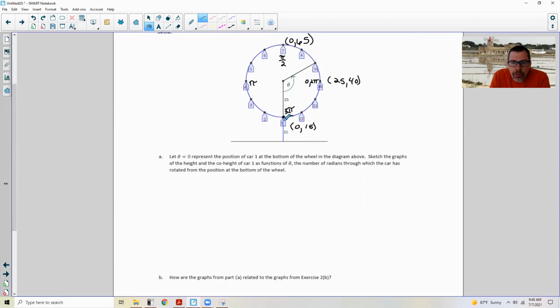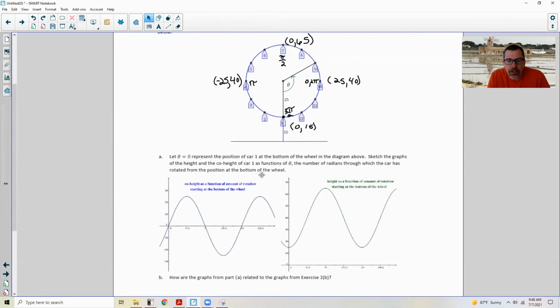50-foot diameter wheel, 15 feet off the ground. And then over at pi, we're at negative 25, comma, 40. So there are the 4 locations of cars 1, 4, 7, and 10 at the starting, when 1 is at the starting point. Okay, so now we're going to graph that, and here's what it would look like.